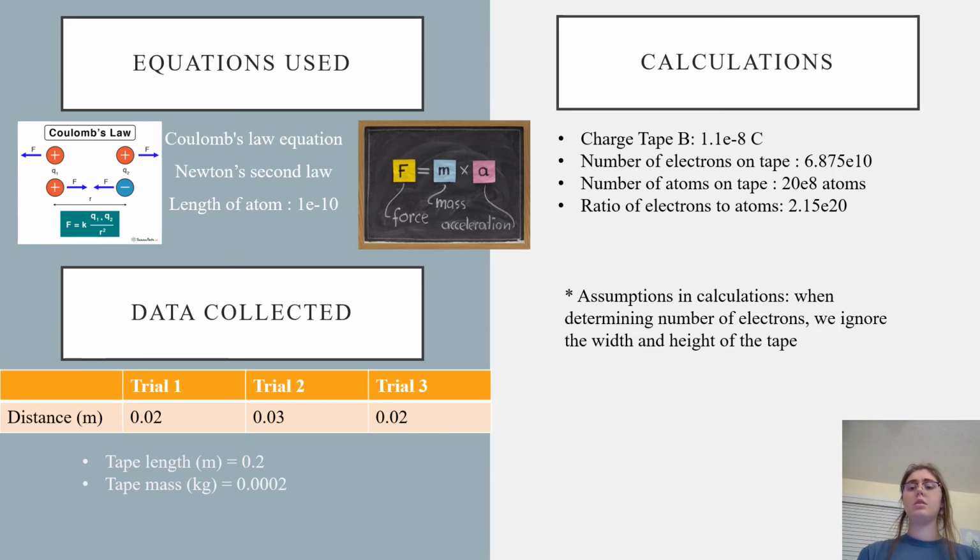Doing that, though, we are assuming that we are just looking at the length of the tape itself and not including its width or the height of the tape. And from there, we can go to the conclusions.